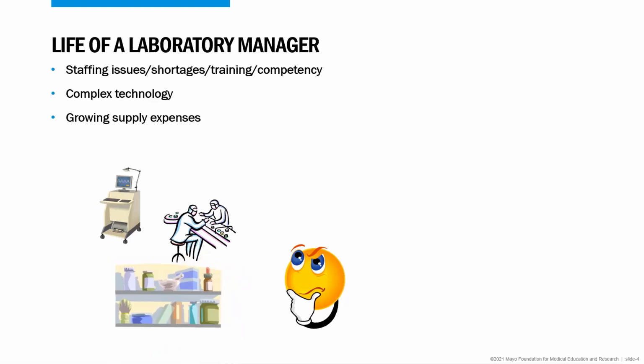Supplies. We all know we had an issue with supply chain. So how do you make sure that you have the proper inventory to perform the work? Have the right supplies at the right time, and also at the appropriate cost to do your work.